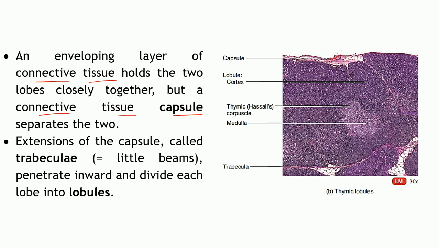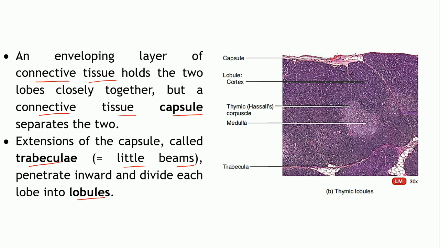Now there are certain extensions of the capsule which extend towards the interior of the gland. These extensions of the capsule are known as trabeculae. Trabeculae means little beams. These separate the interior of this gland into several small compartments known as lobules.